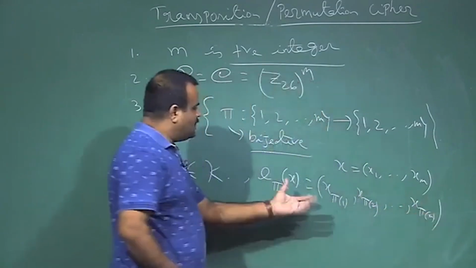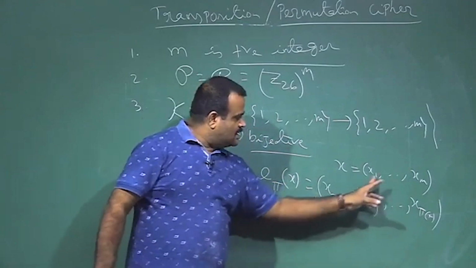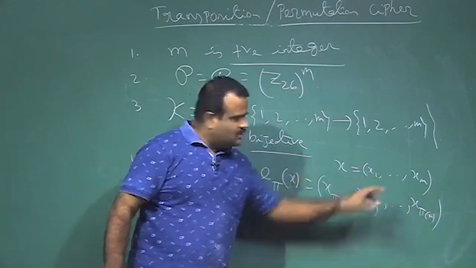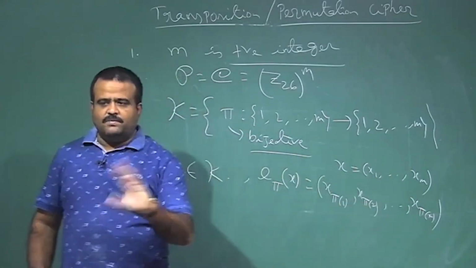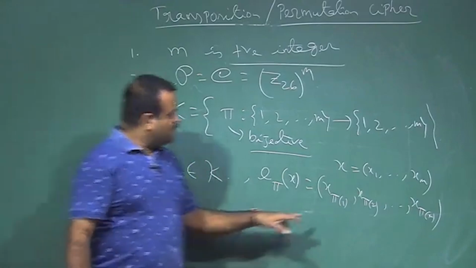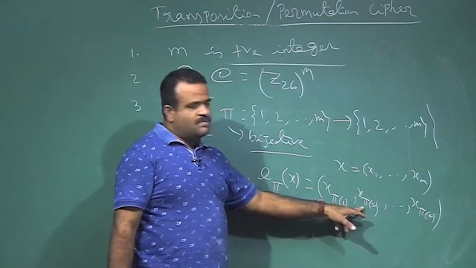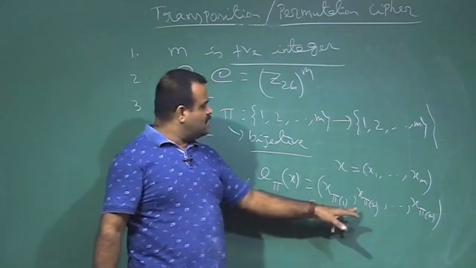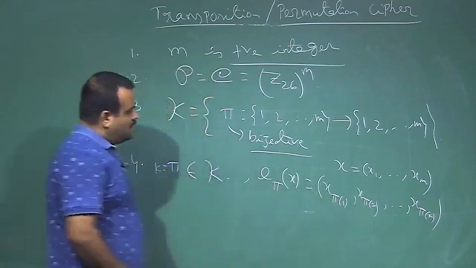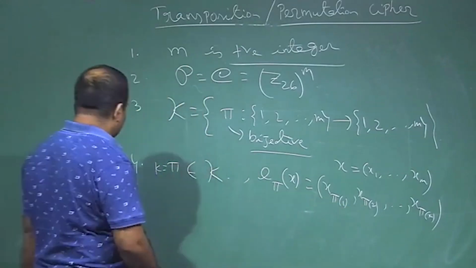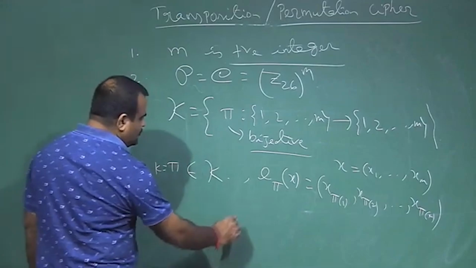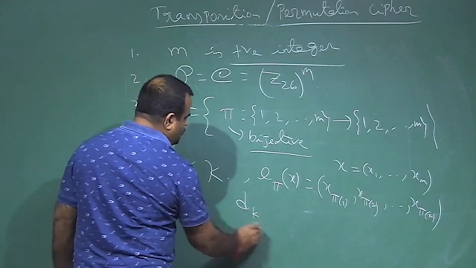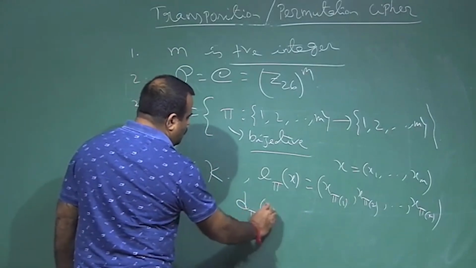So, these numbers we are just linearly permuting. So, maybe phi of 1 is 3, phi of 2 maybe something else, depending on the permutation phi. So, this is the encryption, and the decryption is d_k.